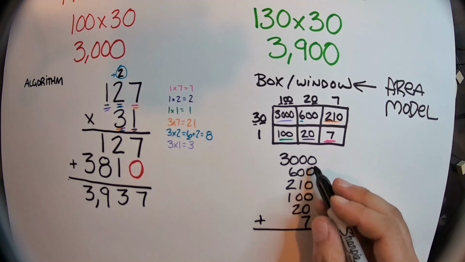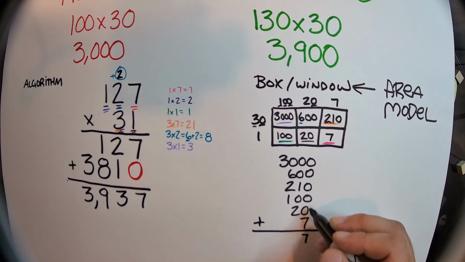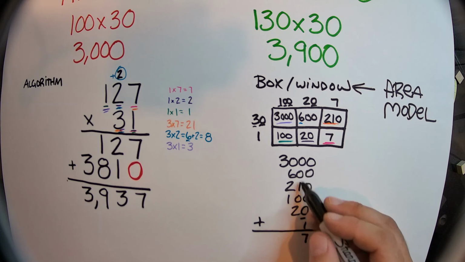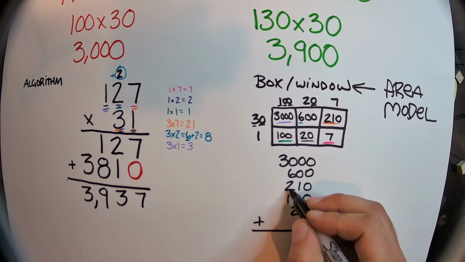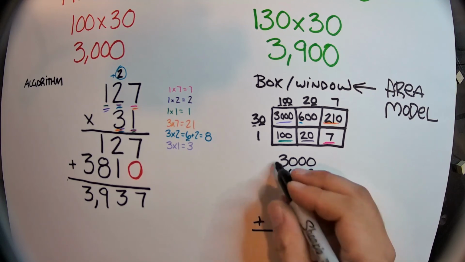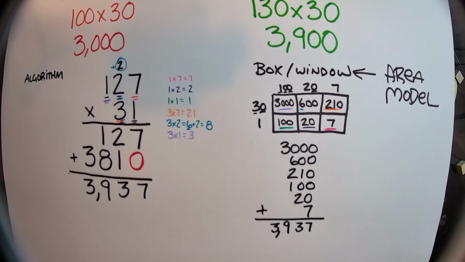Over here we have 7, because 0 plus 0 plus 0 plus 0 plus 0 is 7. 0 plus 0 plus 1 plus 0 plus 2 is 3. 6 plus 2 is 8, plus 1 is 9. 3 plus nothing is 3. And just like that, we are sitting with the same number on both sides.